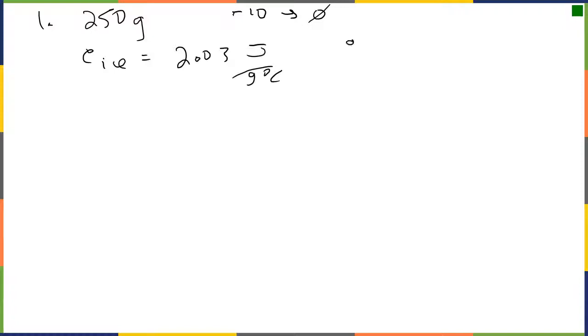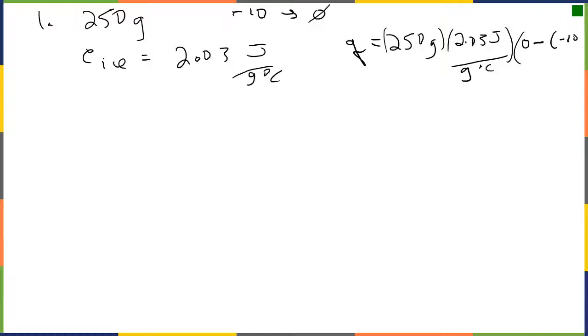So our heat Q is going to equal 250 grams multiplied by our specific heat capacity, joules per gram degree Celsius, multiplied by our delta T. Well, our final temperature is 0. Our initial temperature is -10. That's going to give us a positive value for our delta T, which is good because we're adding heat. And we're going to find that our Q for heating the ice is going to equal 5075 joules.